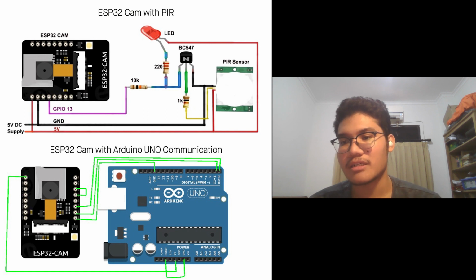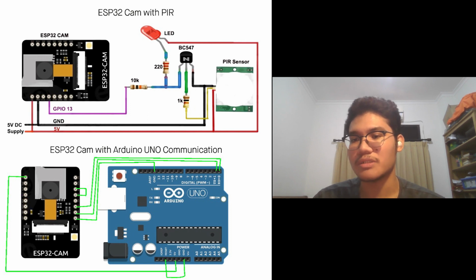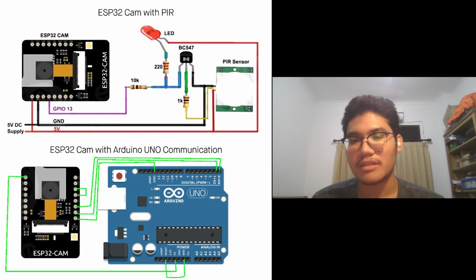And then there's also a BJT here as a switch, so the LED will not be turned on by the ESP32. Instead, it will be turned on directly by the BJT.